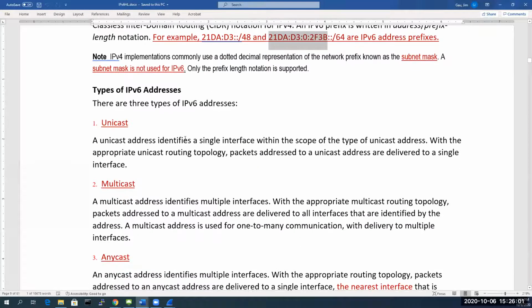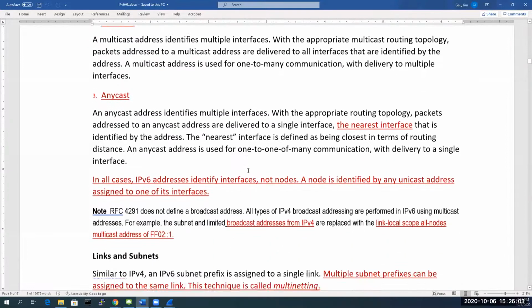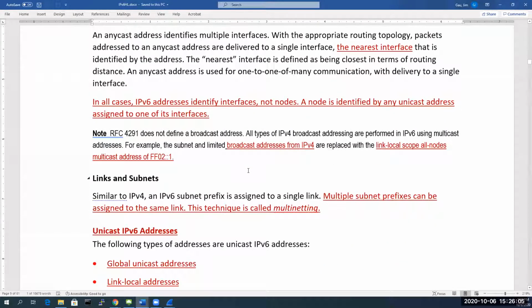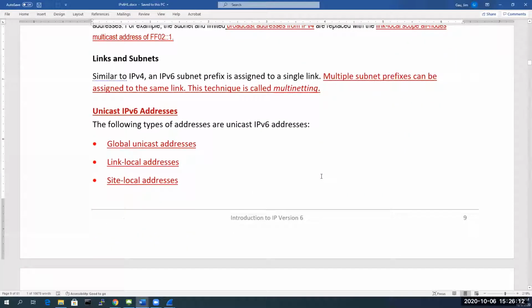So we're going to talk about the unicast, and mainly we're going to focus on the multicast and talk about the neighbor discovery. This is a global unicast.